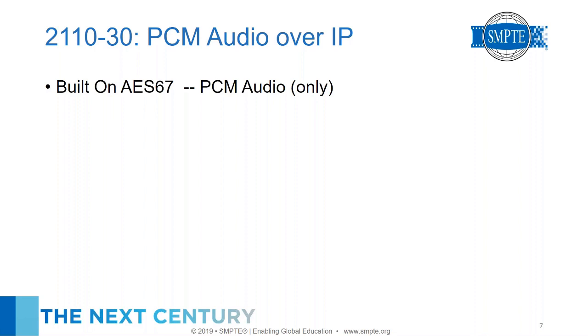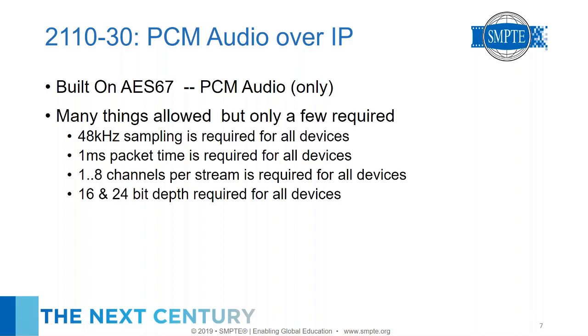And then it does have a few constraints and a few, here's how you advertise it in the SDP and so forth. But fundamentally, 2110-30 is compatible to and with AES67, and that's on purpose because the audio industry has spent a lot of time getting that right.